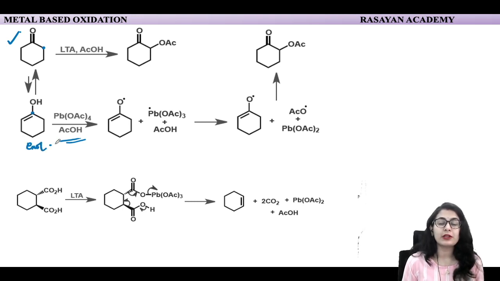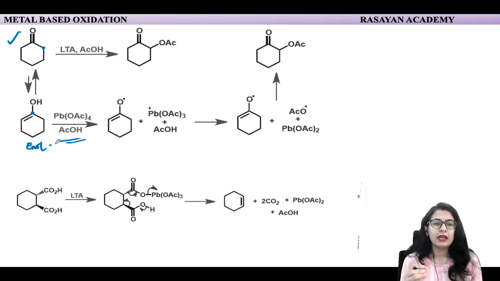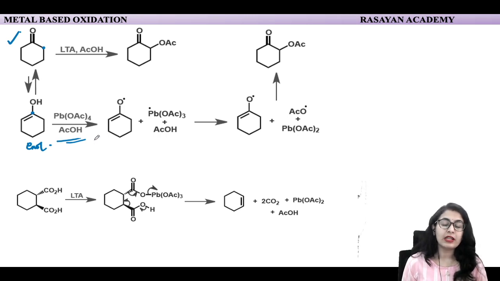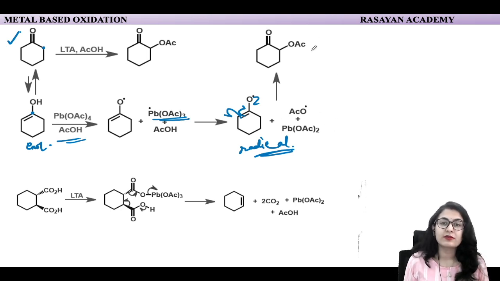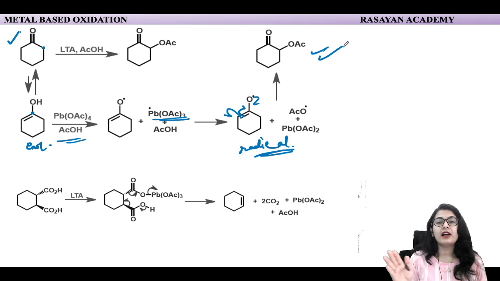Even if a little bit, it is going to give you some enol, which is going to first get attacked by the lead in such a way that it's going to give you the enol radical, which on reaction with another acetyl radical in the presence of lead triacetate is going to give you the alpha acylation.